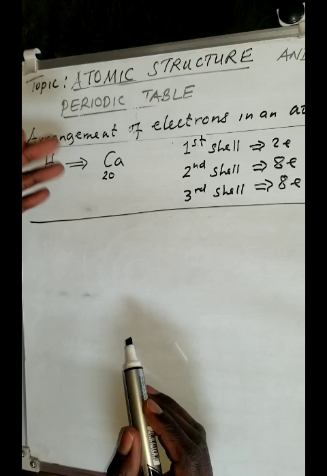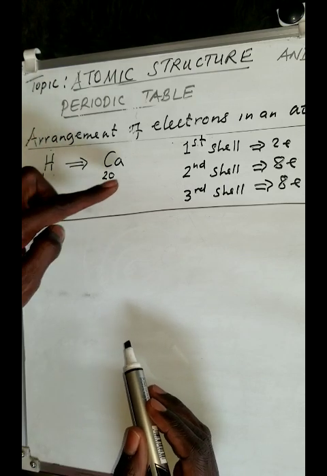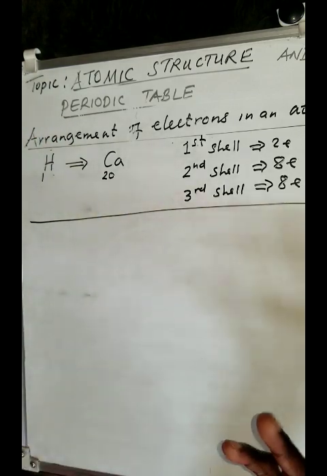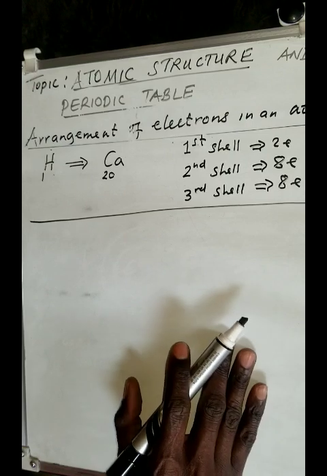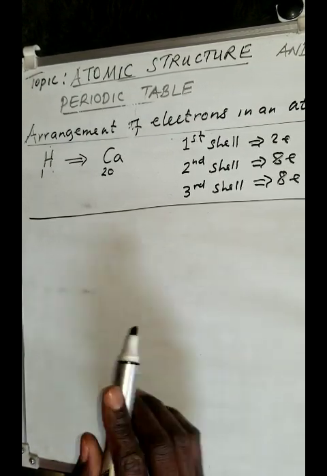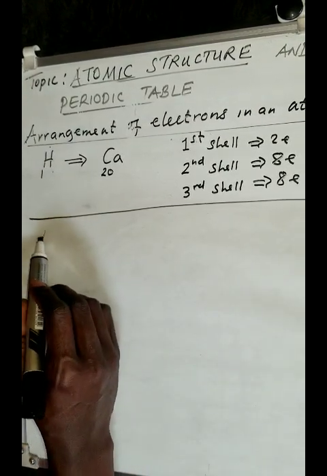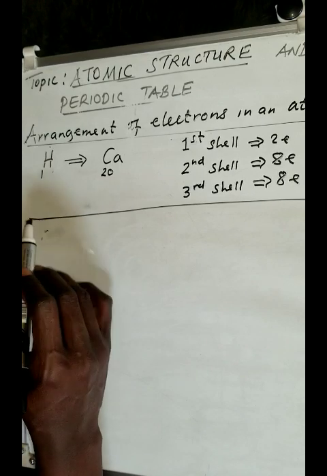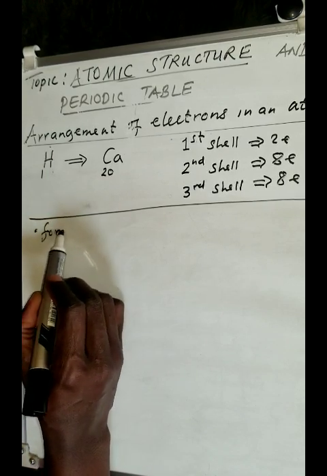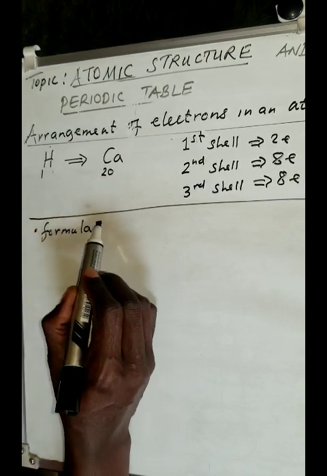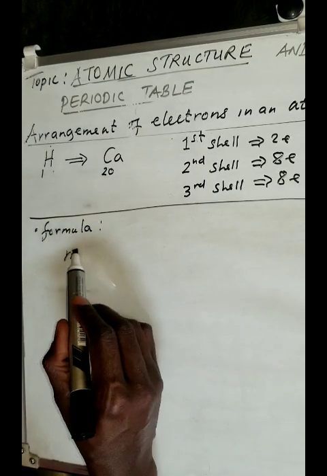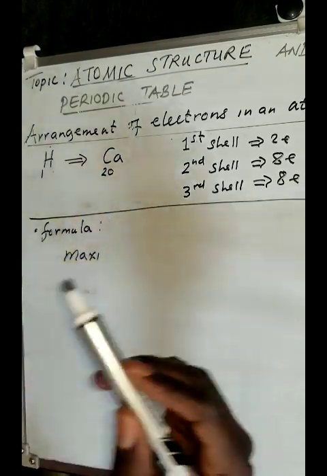But suppose I go beyond, maybe an element with a bigger proton number. What am I going to do? How can I write my electronic arrangement? Well, it is very simple. There's a formula that we apply to know the maximum number of electrons in an energy level.